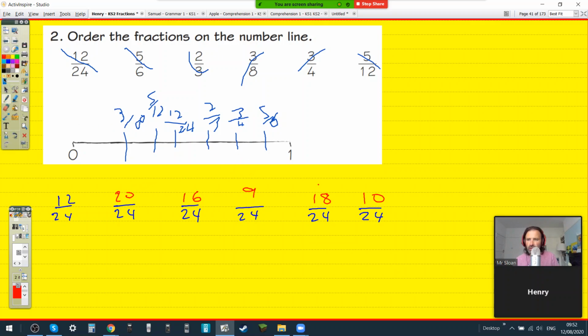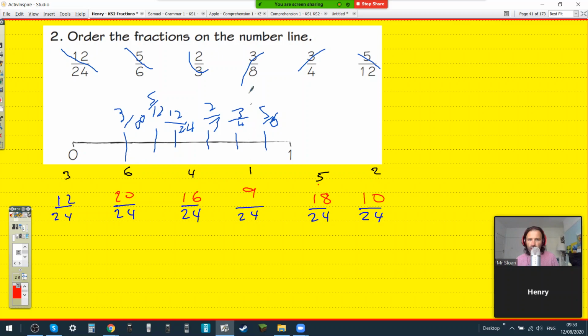Let's go back to the different color. So that's first. So 9, 10, 12, 16, 18, and 20.